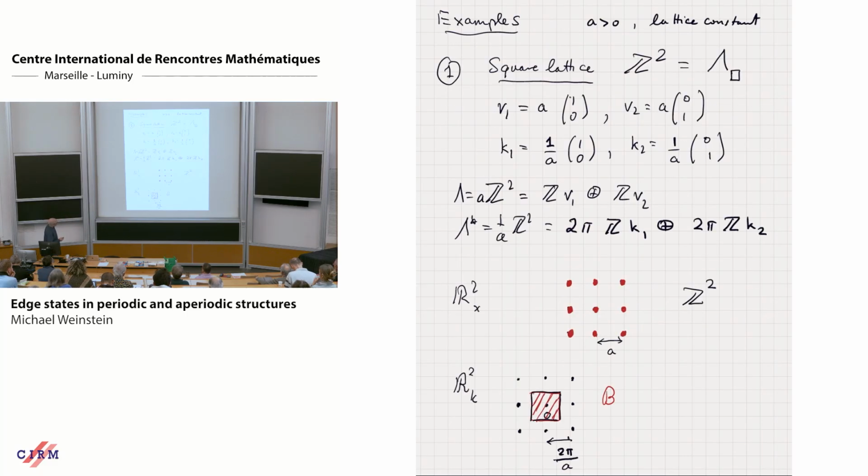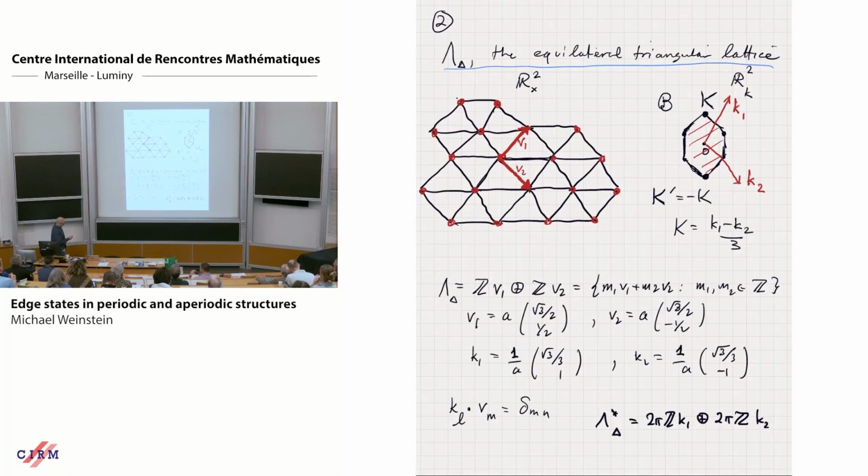Okay. So the examples we'll see are, of course, the square lattice. A here is some constant, the lattice constant. It's the square lattice. There's the square Brillouin zone. The equilateral triangular lattice.